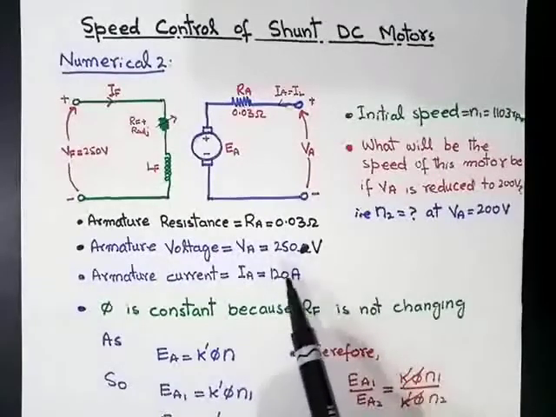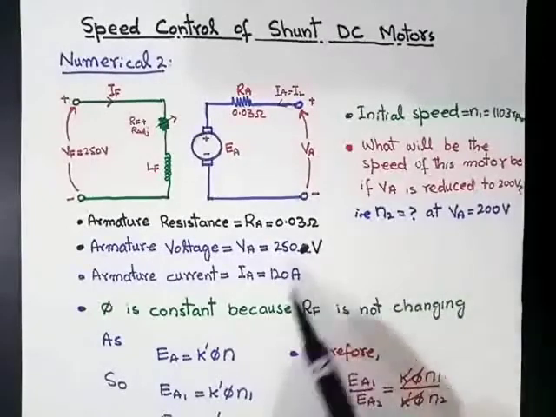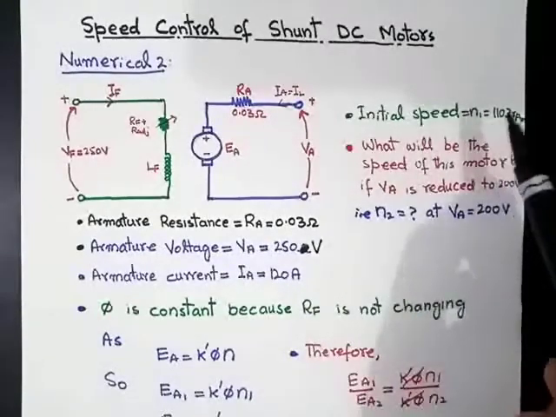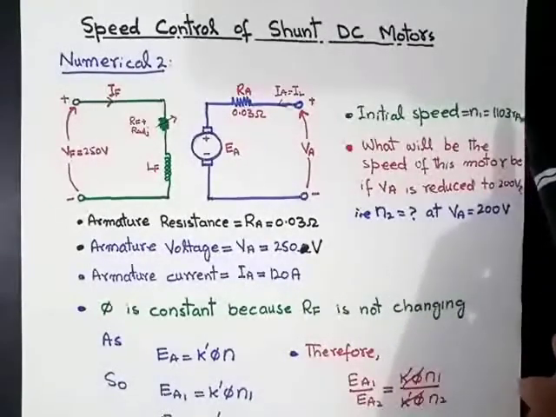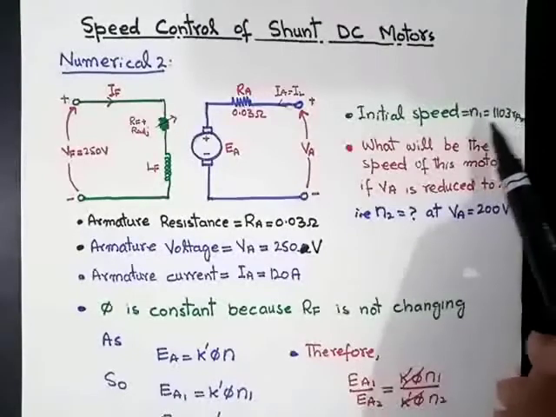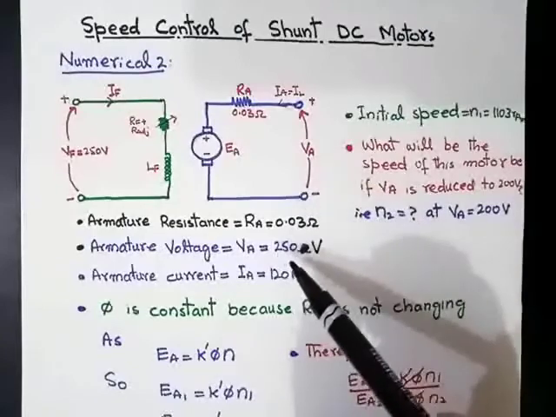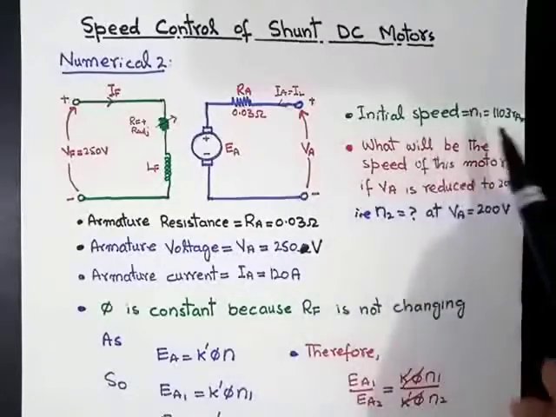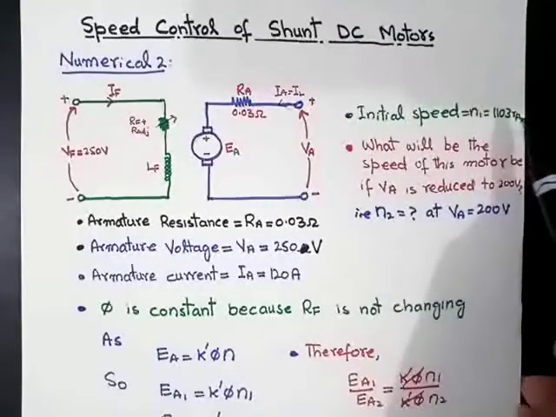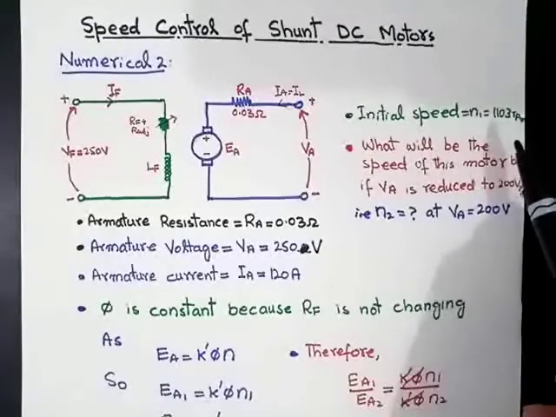The initial speed given in this numerical is 1103 revolution per minute. This is the initial speed when the armature voltage is 250 volt, so the initial speed N1 is equal to 1103 revolution per minute.